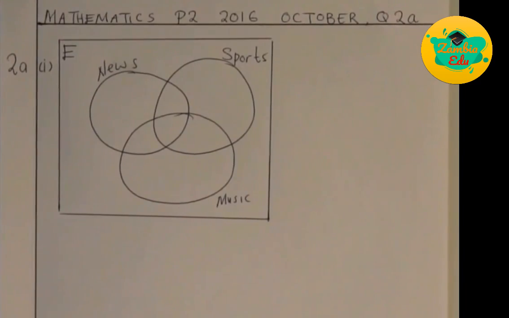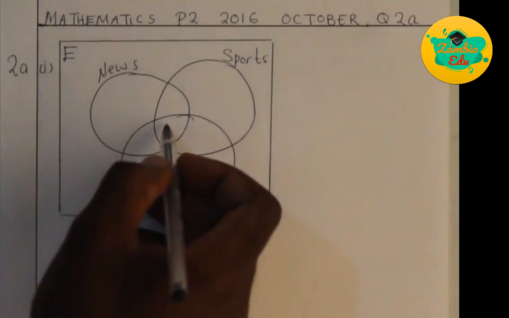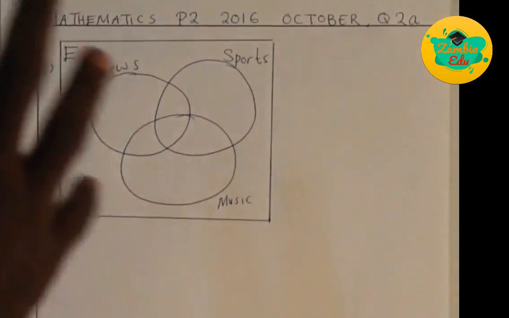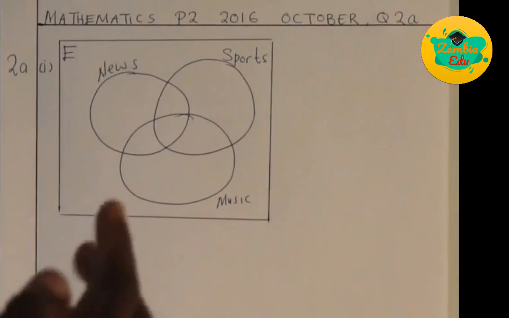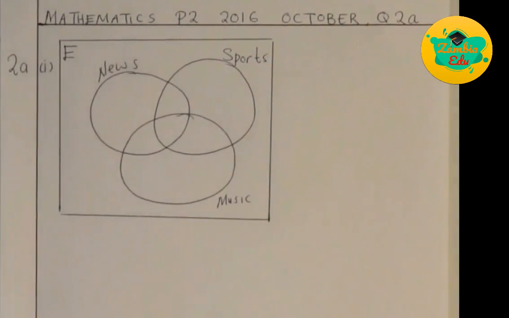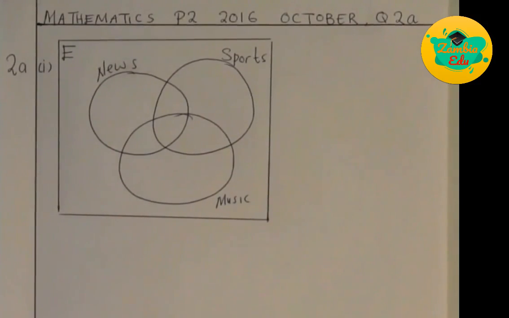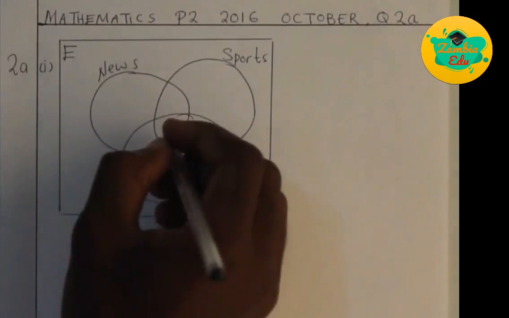So we can start by filling in first what is supposed to be for all the 3 programs. This section here in the middle represents those people that listened to all the 3 programs, so we are going to put our 4 there.